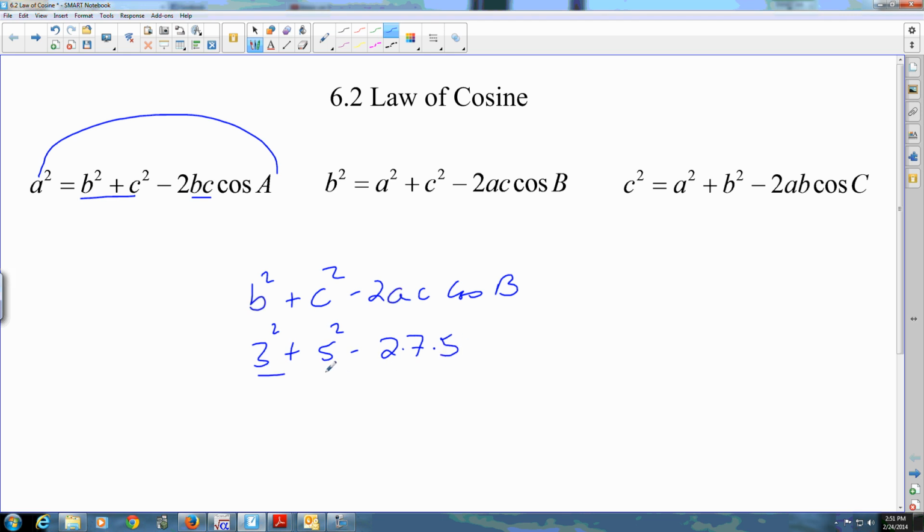This right here should be 3 and 5. These two numbers should match these two numbers. That's the most frequent mistake, kids don't write it in the right order. So when your calculator tells you error, check and make sure that those two sides are actually these two sides.